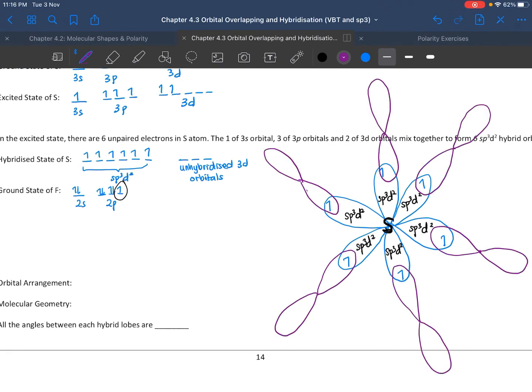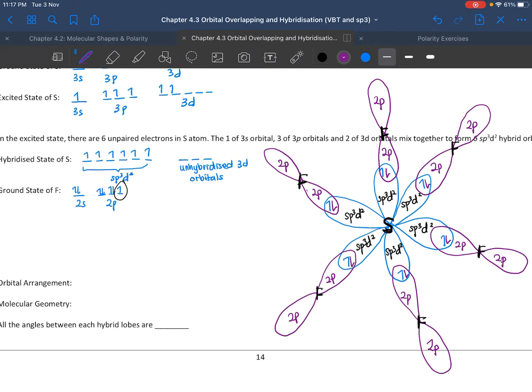Okay, so all the p orbital tu adalah untuk fluorine. So kita label fluorine. Alright, and then orbital dalam fluorine ni adalah 2p. 2p. And then dalam ni ada 1 electron. So 1 electron in opposite direction.